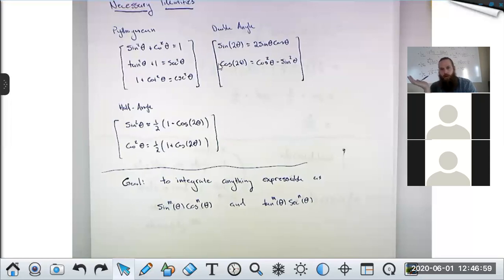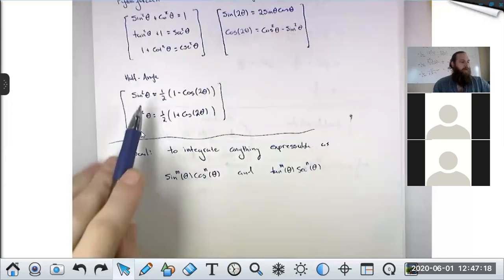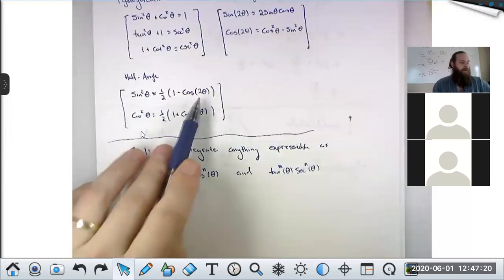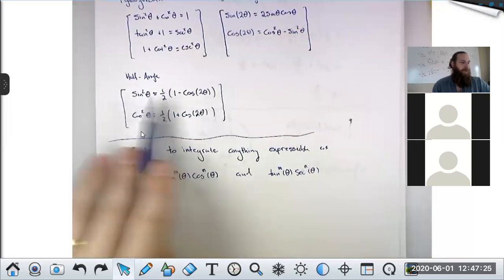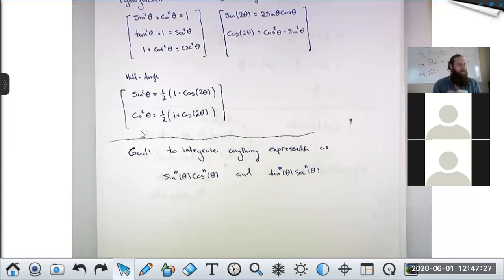On one side you've got theta, on the other side you've got 2 theta, which is the same as theta on one side and theta over 2 on the other. In your trigonometry class, you probably saw these with theta over 2 here and theta here. It's the same thing. If you multiply theta over 2 by 2, you get theta. If you multiply theta by 2, you get 2 theta. So it really does say the same thing.